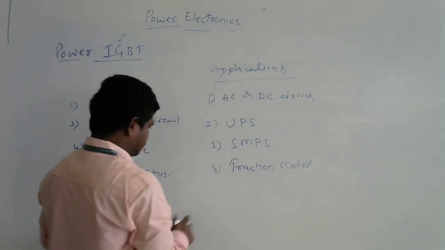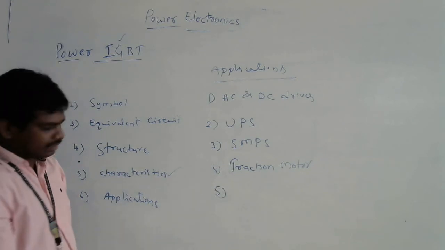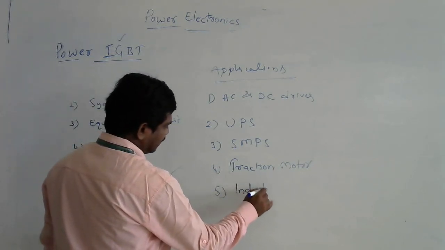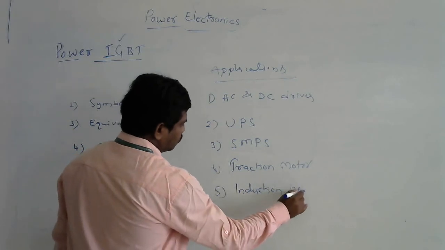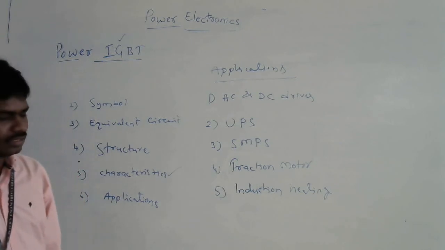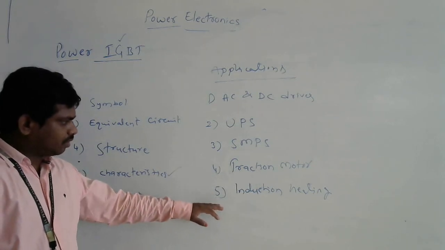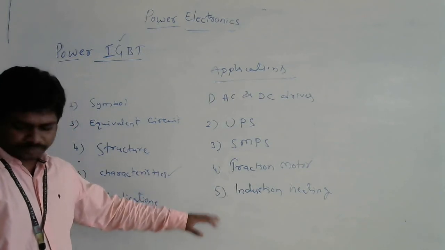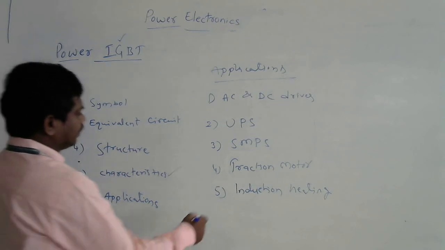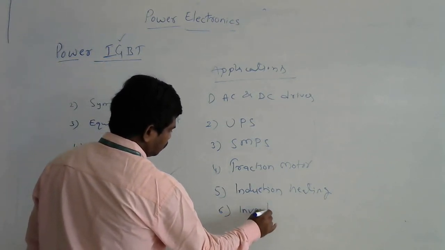so that the motor speed can be controlled very easily. Then we can use this for induction heating. In the induction heating system also, we use the IGBT as a switch, along with induction loads, and inverting circuits, meaning inverters.